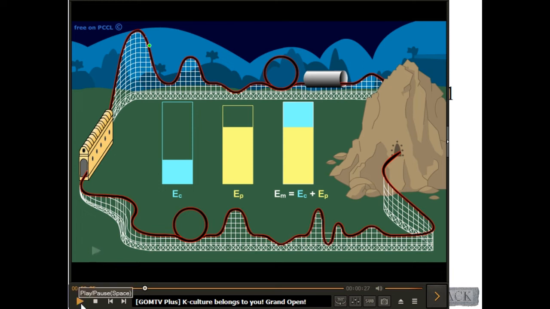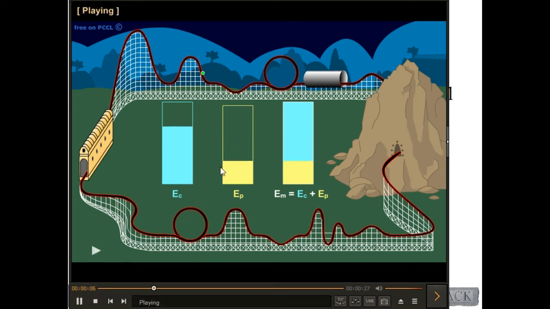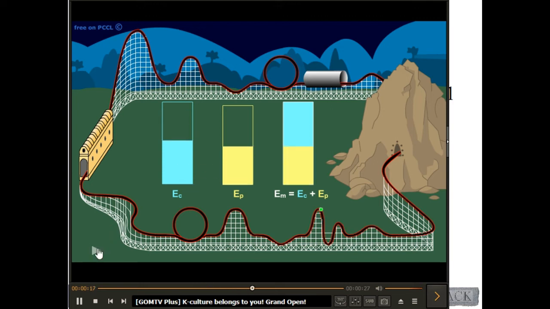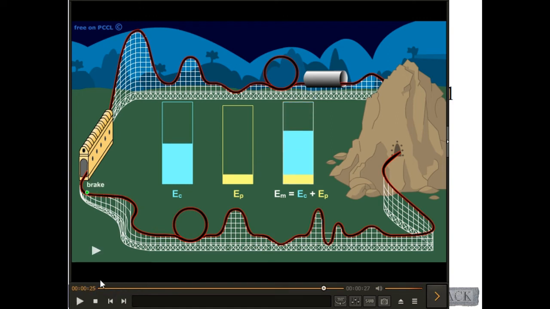So we can see that we are changing kinetic into potential, potential into kinetic, and vice versa, till we reach the end of our track. Here mechanical energy is conserved, always changing from kinetic to potential, potential to kinetic.